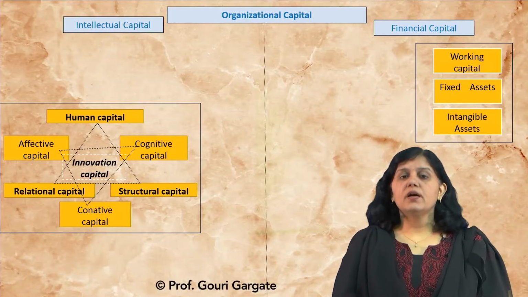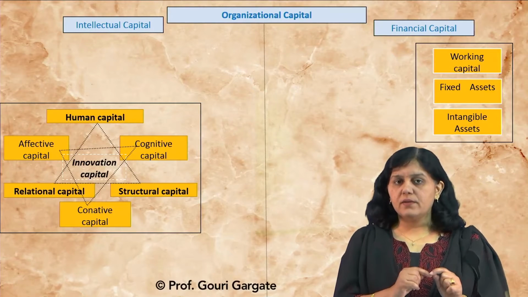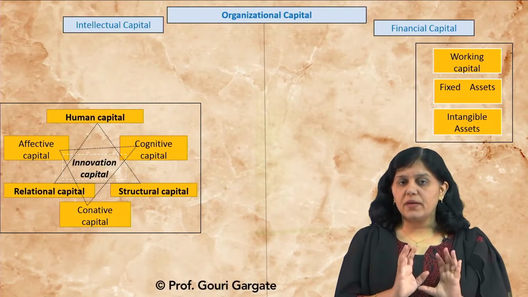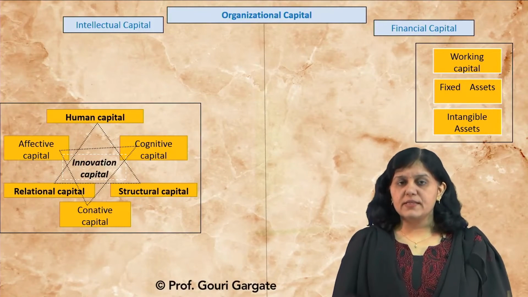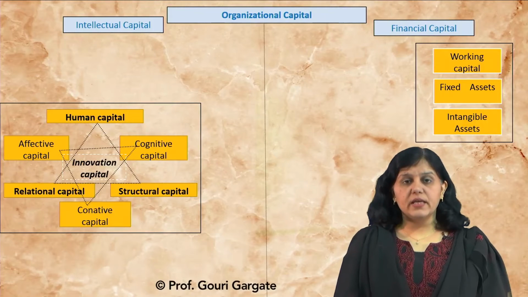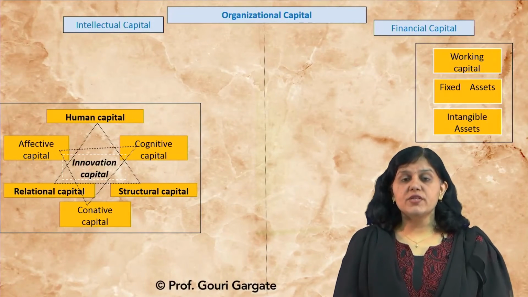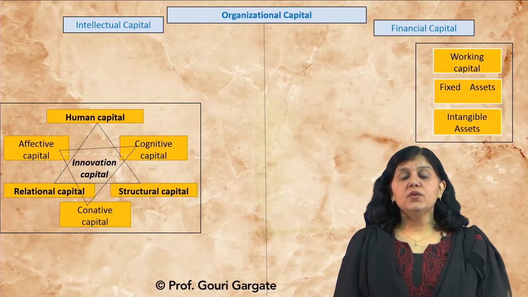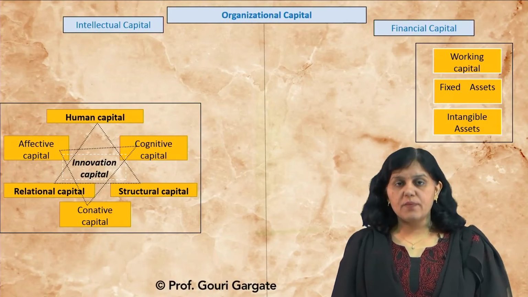Whenever you are starting your project, you just check that all these capitals, like human capital, structural capital and relational capital, are perfectly in place, right. The inventors who are working in that project, then whatever infrastructure is required for your research, and then your vendors, or any collaborators.